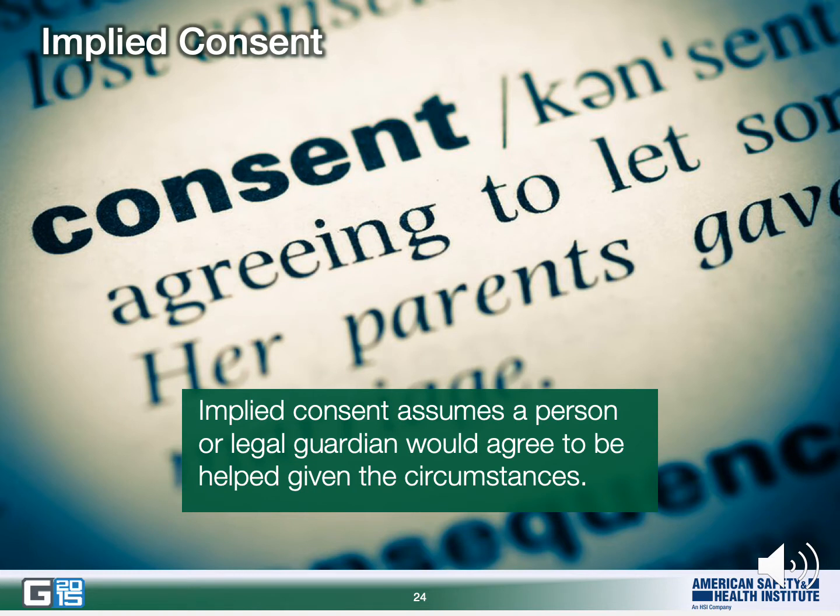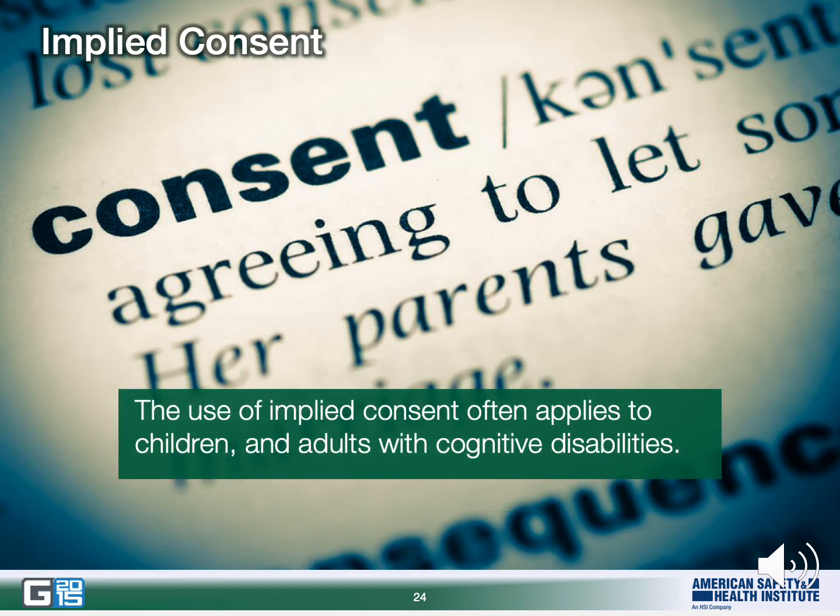Implied consent assumes a person or legal guardian would agree to be helped given the circumstances. The use of implied consent often applies to children and adults with cognitive disabilities. So if they're a special needs adult and they can't make the decision for themselves, you have permission to help them.